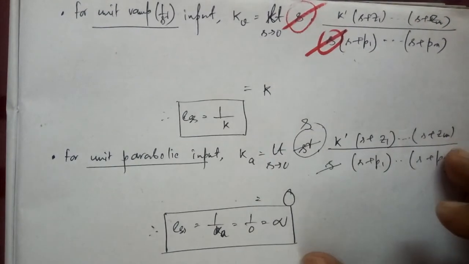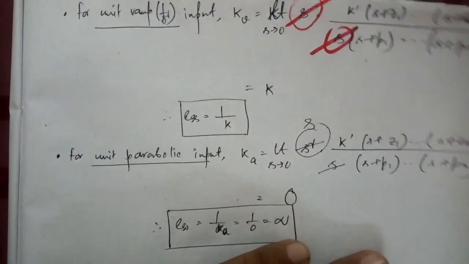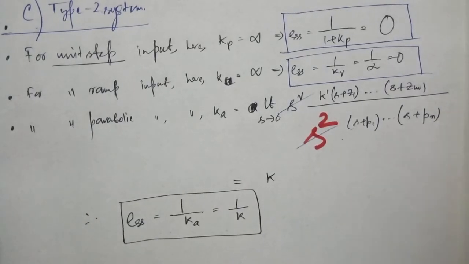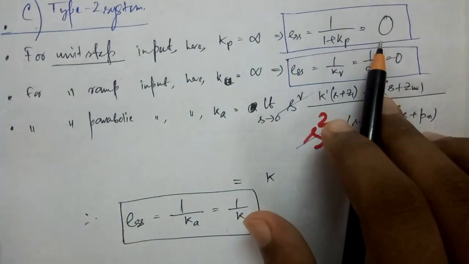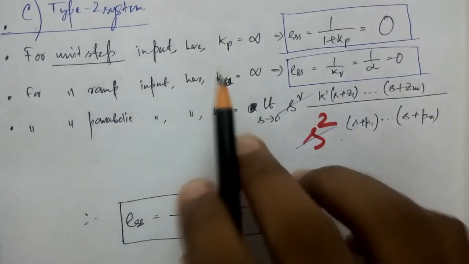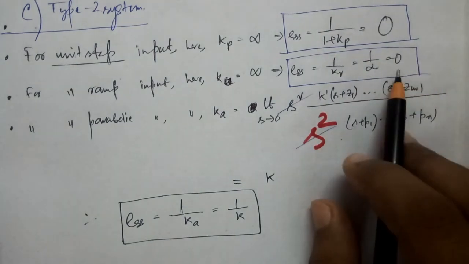If you want the derivation, you can pause the video and see it. This is nothing but the previous ones. Previously for the type 1 system, the steady state error for unit step input was 0, but for unit ramp it was 1 by K. Here for unit ramp it will once more be 1 by infinite, which is equal to 0.